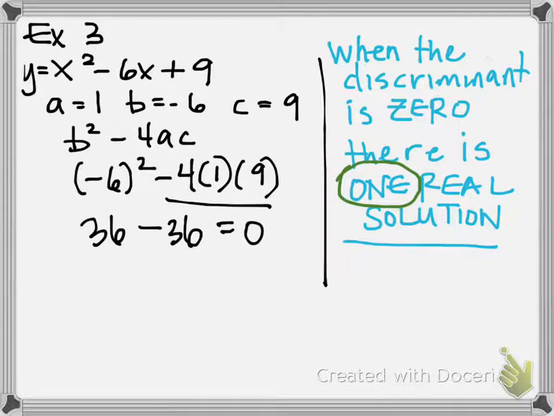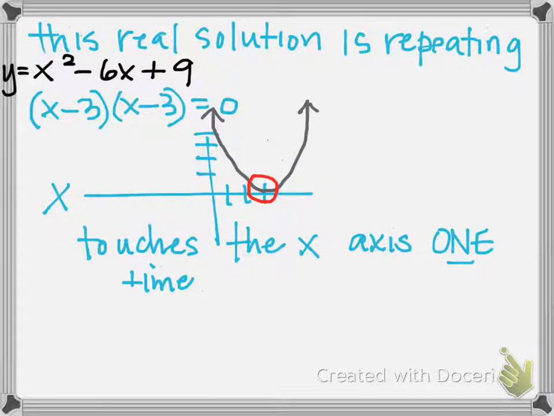Here's what it looks like in a picture. I factored this problem to show you. And then when you set factors equal to 0, you get x equals 3 for your x-intercept, where it touches the x-axis one time.